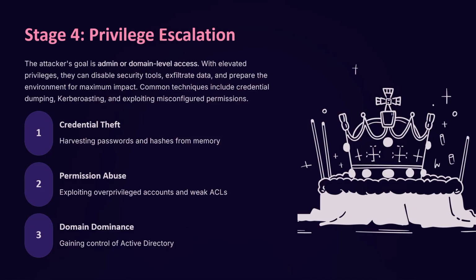They exploit weak configurations, overprivileged accounts, misconfigured access controls, and finally, domain dominance. They take control of Active Directory, the brain of your entire network. At this point, they are not just inside, they are in charge.